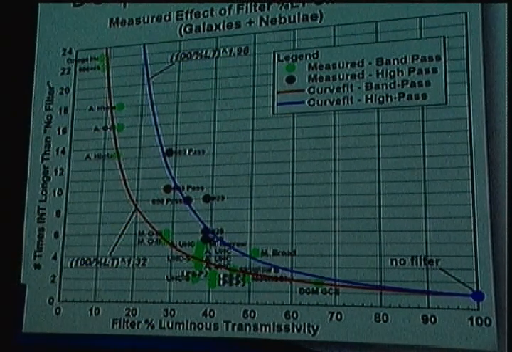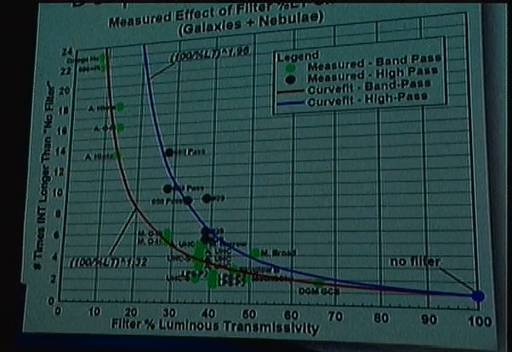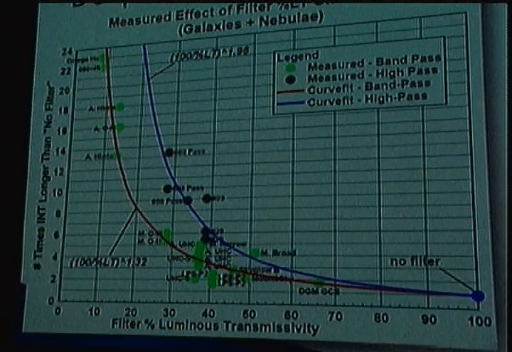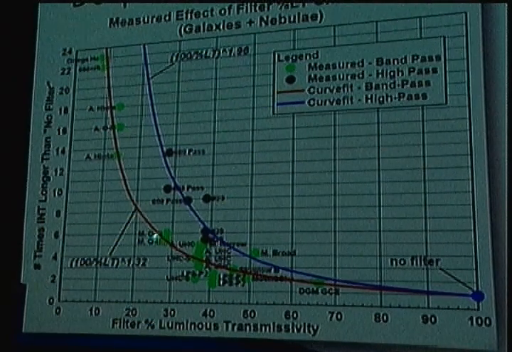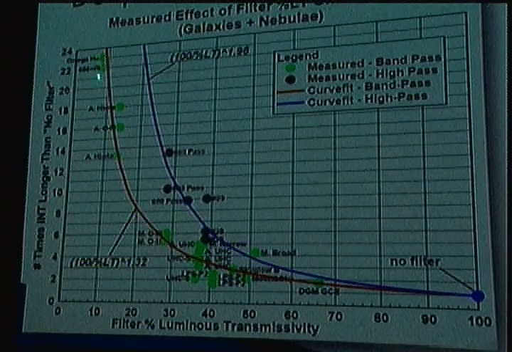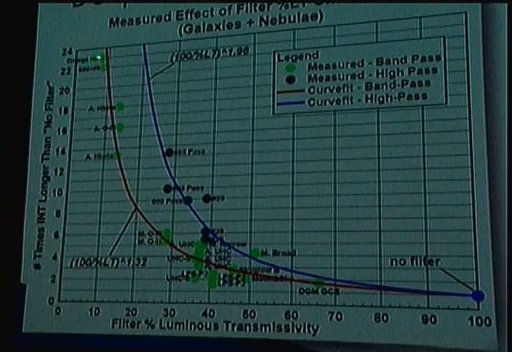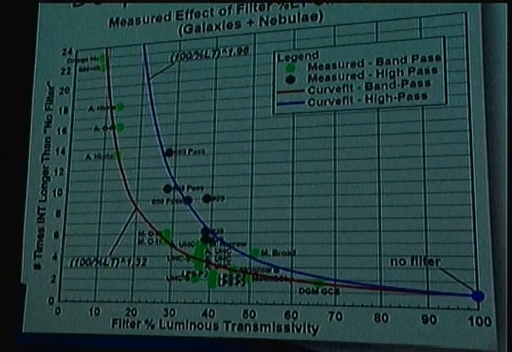I use acronyms here that you may not recognize, but there's DGM GCE, that's an extra wide filter. The O3, that's a narrowband filter. These are all narrowband filters up here. There's a hydrogen alpha filter. The AUHC, that's a medium band filter.